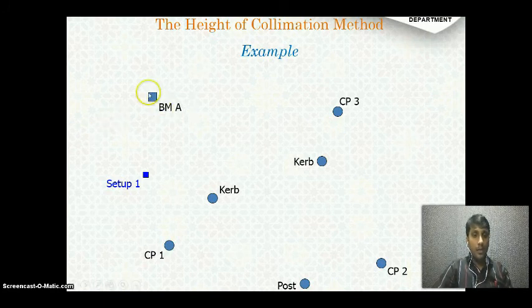Here benchmark means you know this RL, the reduced level, so the staff has to be held at A. So once the instrument has been set up and the staff has been held at A, sight towards A from the instrument. That has been done here from setup 1. The staff reading has been taken on benchmark A.